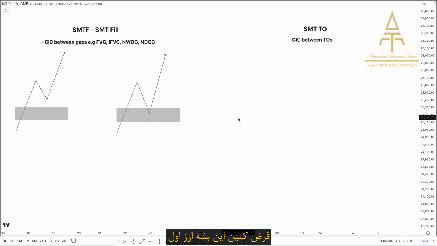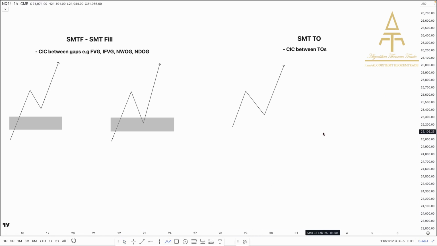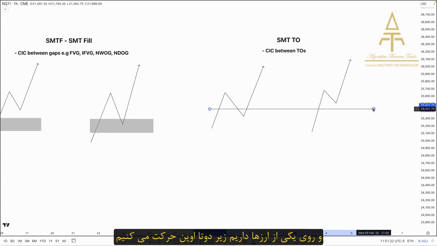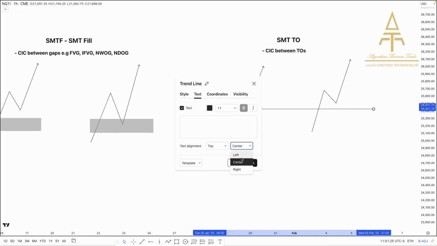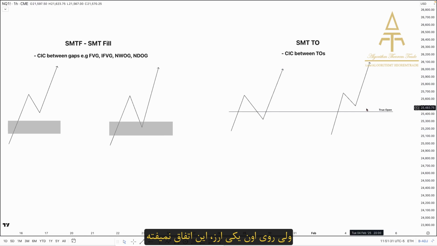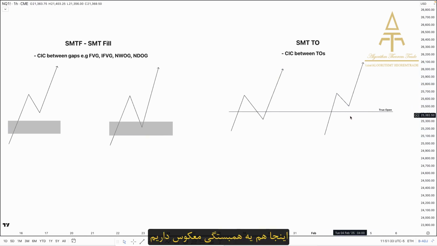So if we have this asset 1, asset 2, and we are trading below the true open on one asset, but we're failing to on the other one, this here is also a cracking correlation.